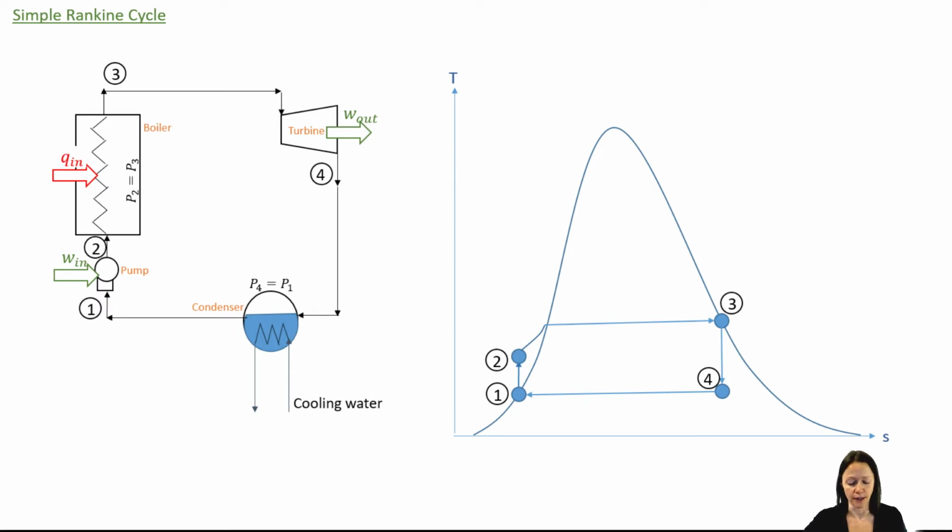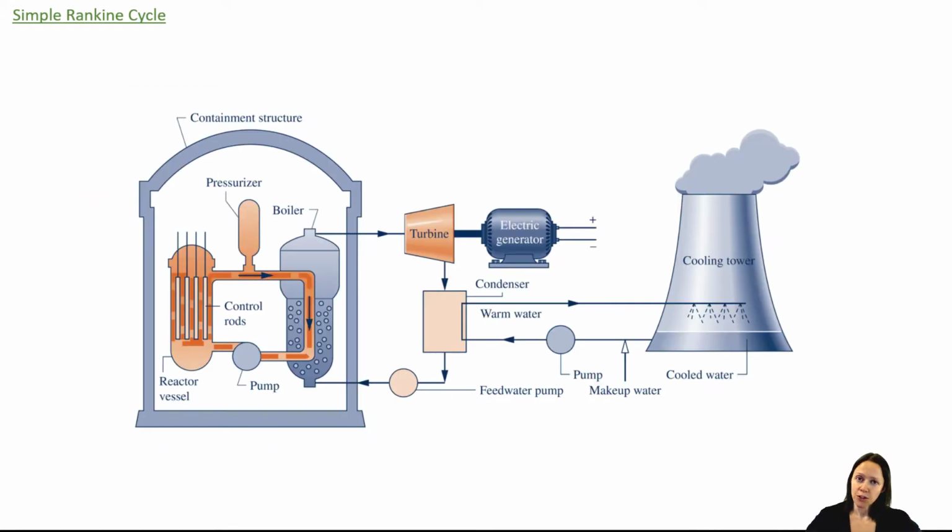We'll work a problem that involves calculating things with that cooling water. If you need a review on how heat exchangers work, there's a review video in the Thermal 1 review video section.